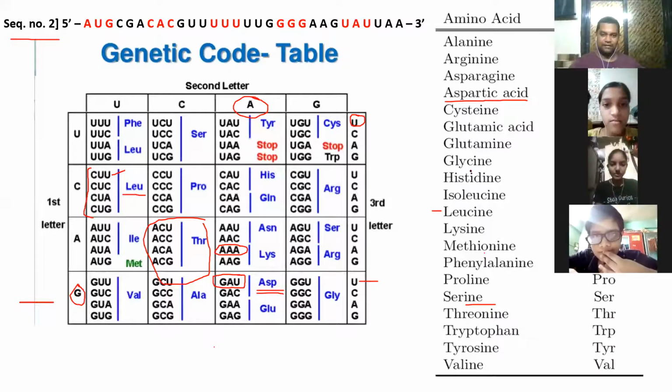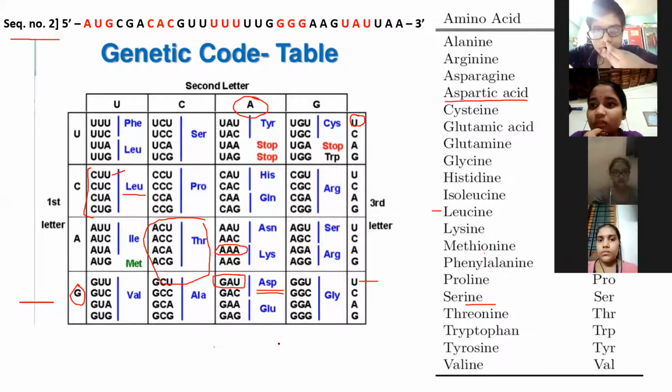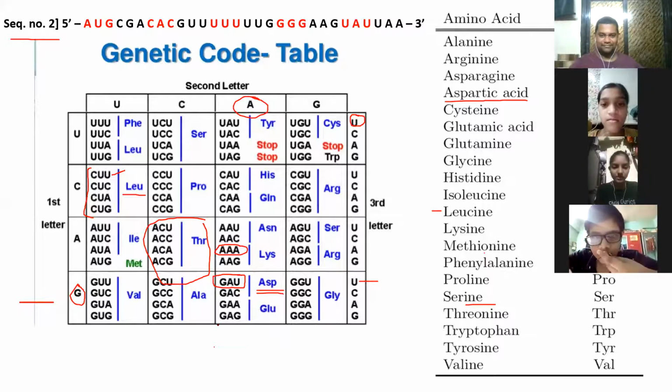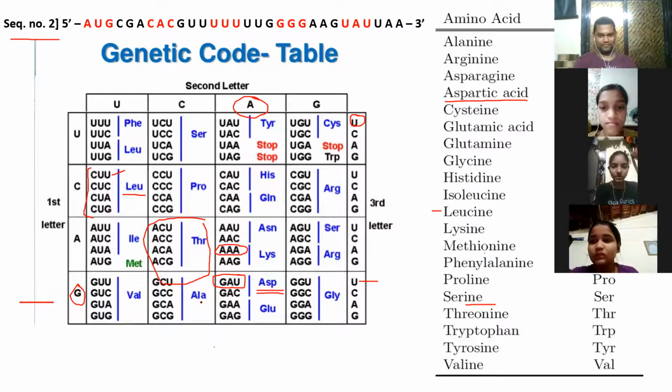So how many amino acids must you be getting? 9, because the last one is a stop codon.